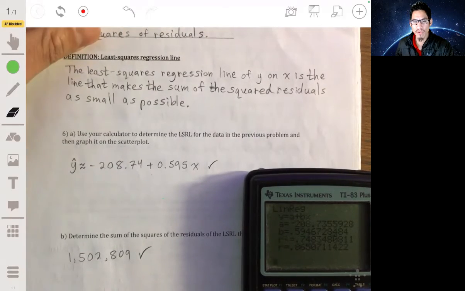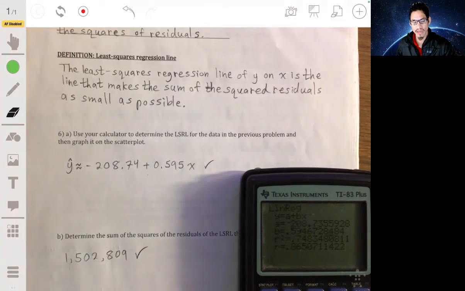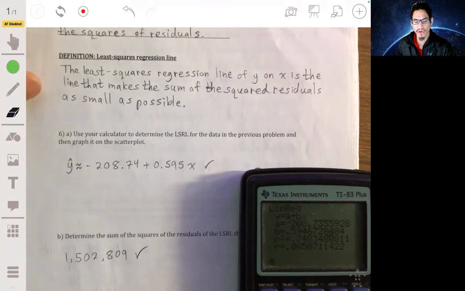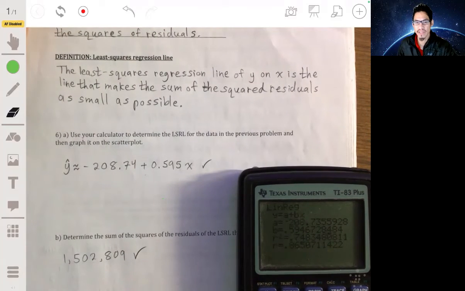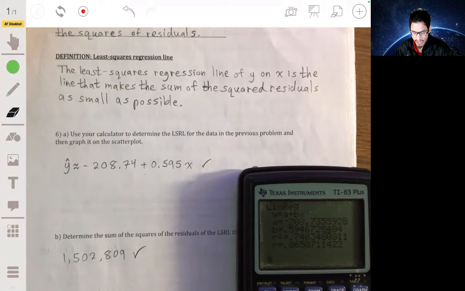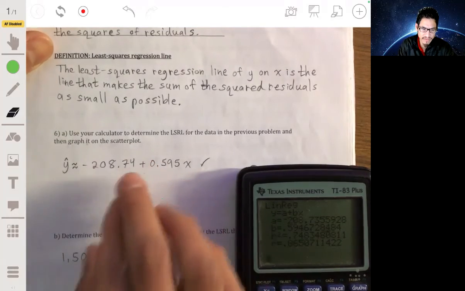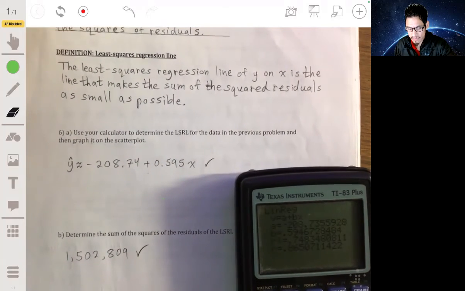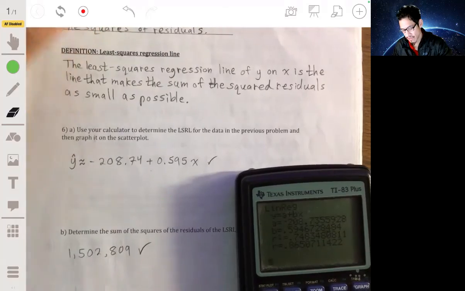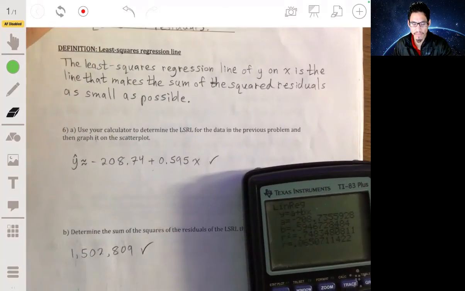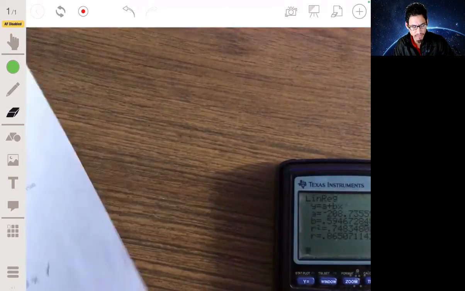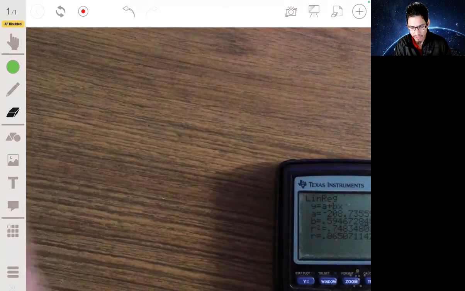So from here on out, when you're creating a linear model for a set of data in a scatter plot, we're going to use technology to make our least squares regression line, because it's always going to find the best one for us. Sorry guys, you won't be able to just do it by looking. And I actually made a final sketch of what it would look like.